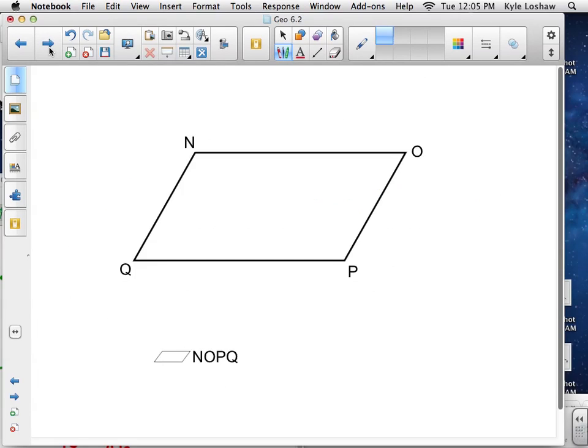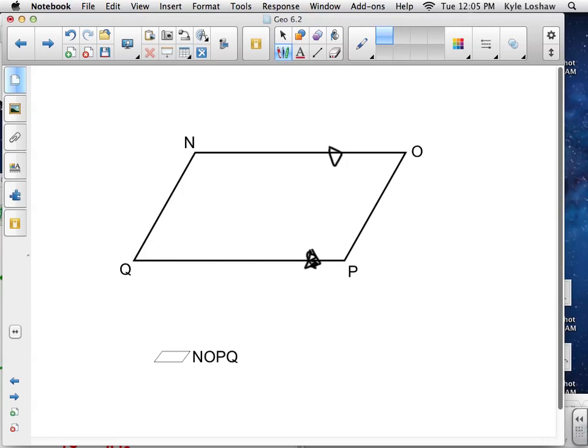Onward and upward. Let's talk about what this looks like. So, draw this diagram for me. Okay, well done. So, in order for it to be a parallelogram, well, we need to have, right?